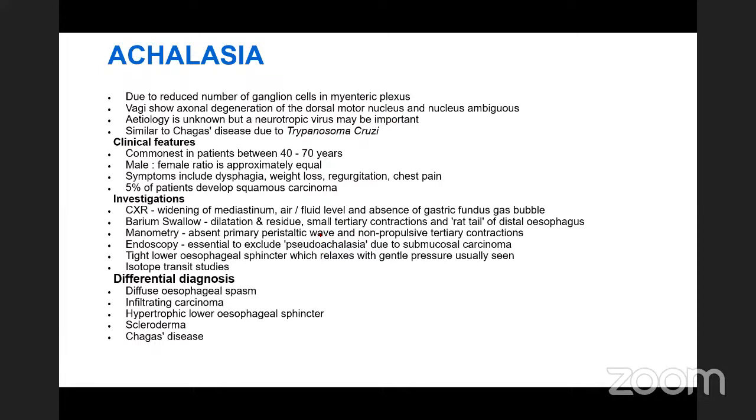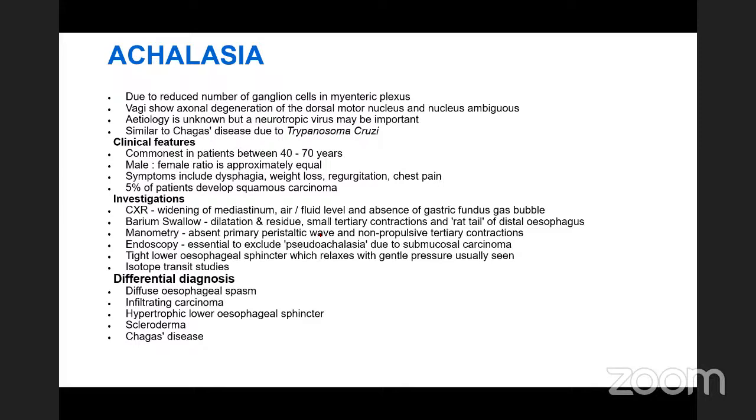So when you see rat tail, bird beak, they are seen in barium swallow of the patient with achalasia. Manometry shows absent primary peristaltic wave and non-propulsive tertiary contraction.